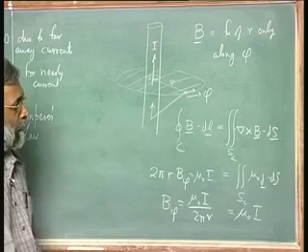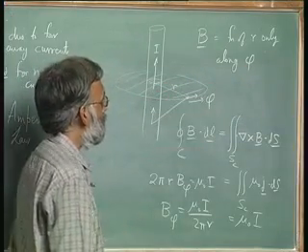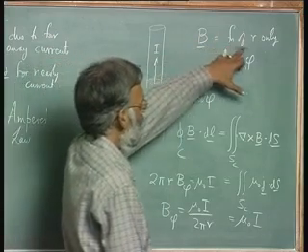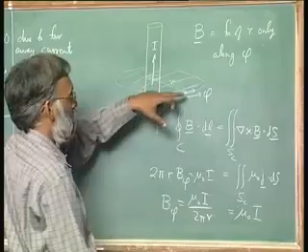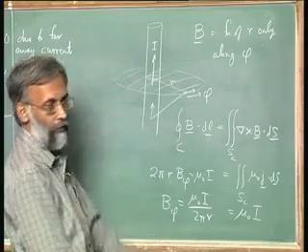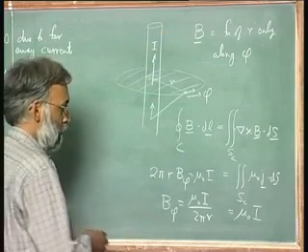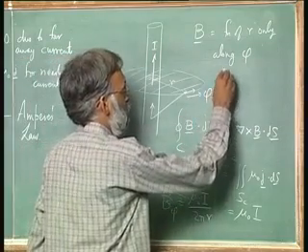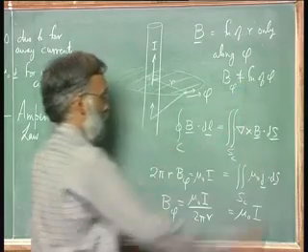If J cross R is in the phi direction, then B is along phi. B is also a function of R only, because it does not matter where along the loop you measure your B, it will be the same value, and it does not depend on Z either. So, B phi is not a function of phi.